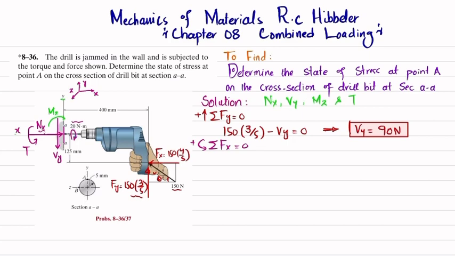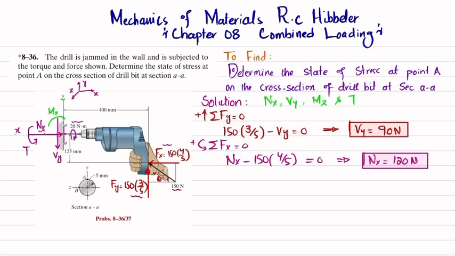So Nx minus this horizontal component, which is 150 into 4 over 5, is equal to 0. So from here you will get Nx will be equal to 120 Newton. Okay, so you have this Nx.